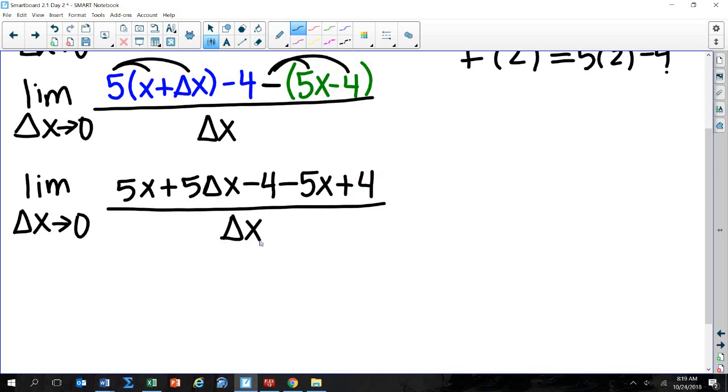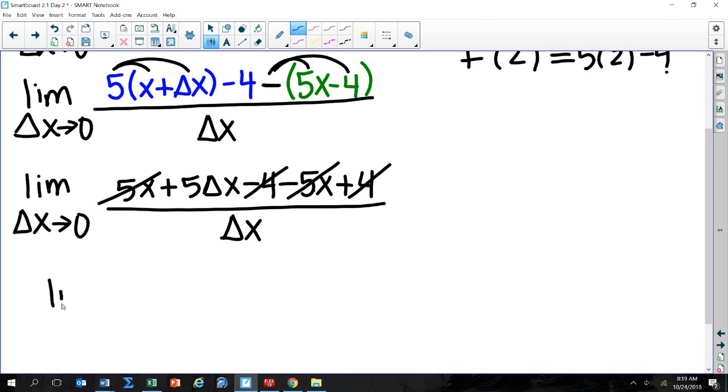Okay. Now, you should expect that things start cleaning up nicely. We have 5x minus 5x. Those are going to go away, right? Combine like terms. Negative 4 and positive 4. Those go away, right, when we combine like terms.